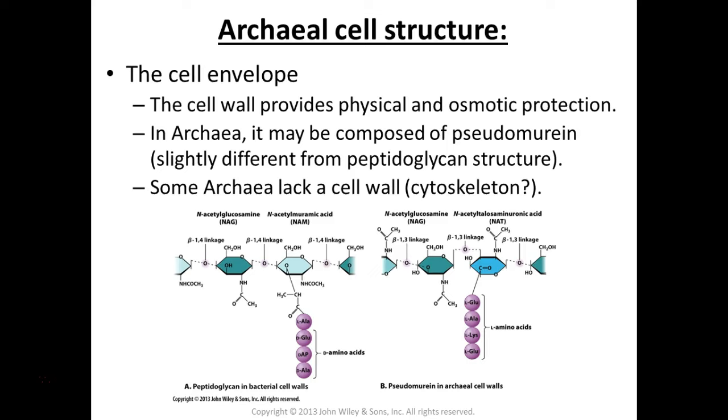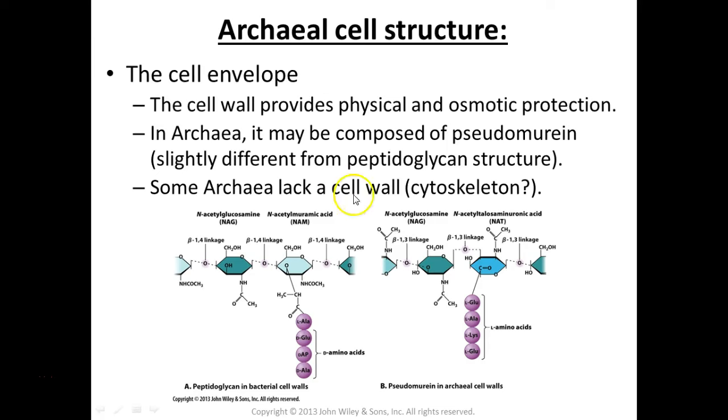And then notice still alternating sugars usually, but their cell wall molecule, I guess you could say, instead of saying peptidoglycan, is often referred to as pseudomurein.